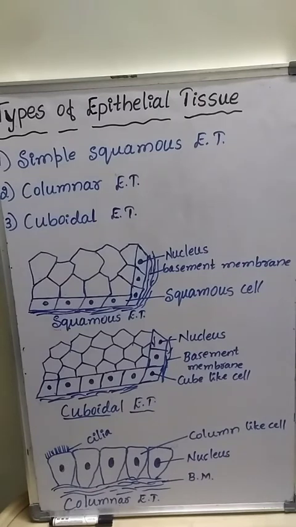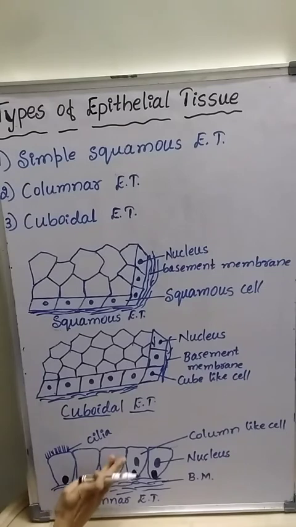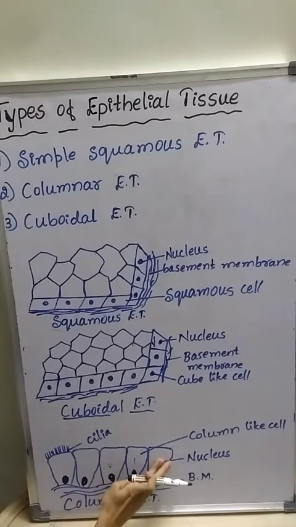So in columnar epithelial tissue, an oval shaped nucleus is present at the base or near the base.